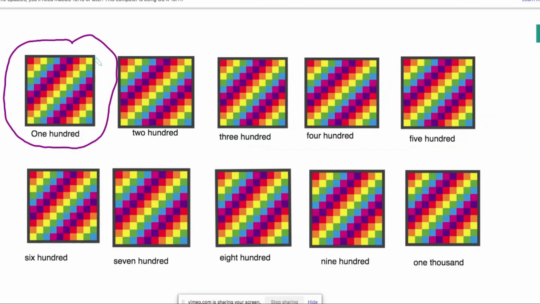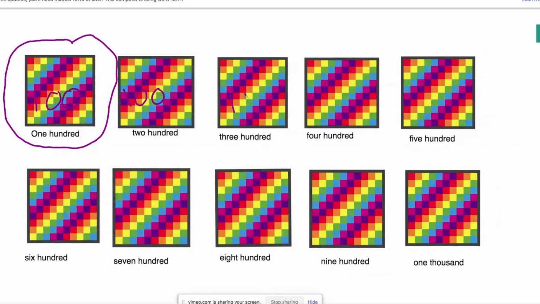Okay, the value of one of these squares is worth 100. So I'm going to write 100 inside. So the value of each of these is worth 100.